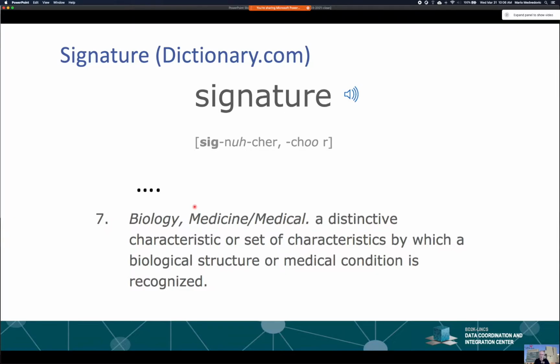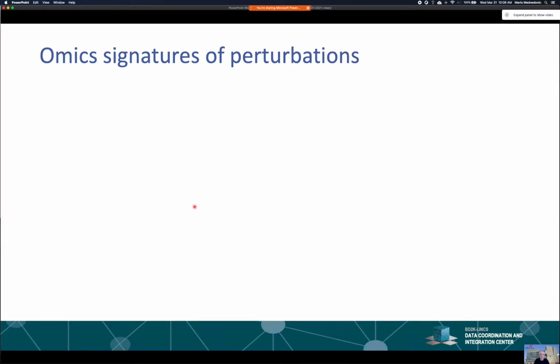So in our world, these characteristics are some kind of molecular readouts of a biological system. And then the key feature of whatever we call a signature is that it's discriminative, right? That it's specific to something, in this case a biological structure or, more often in our context, a biological state.